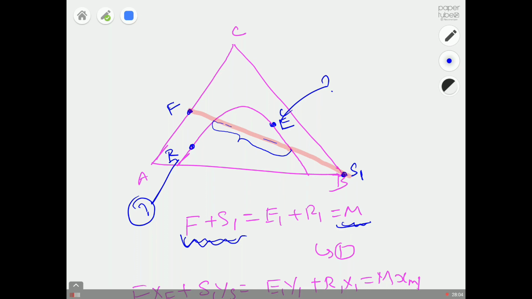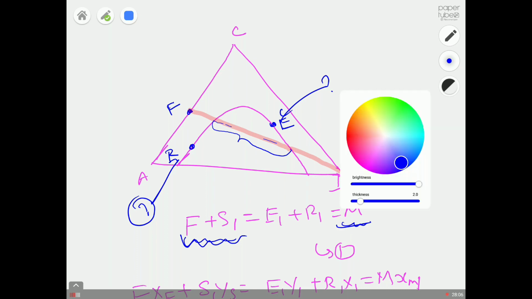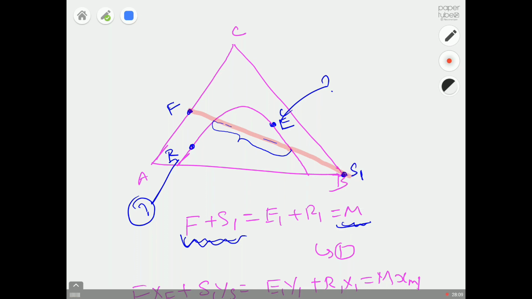And also according to equation 1, if you look at the other side of the equation, E1 plus R1 is equal to our mixing point. So let's call these E1 and R1. If you connect these two, let's draw a line, why not?